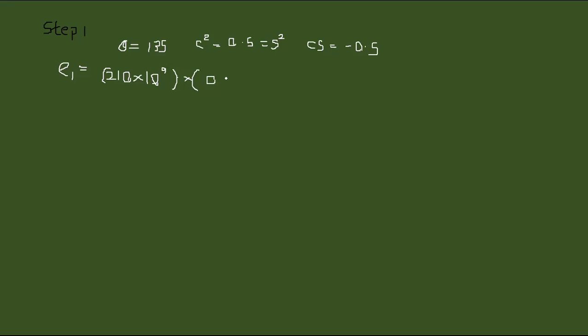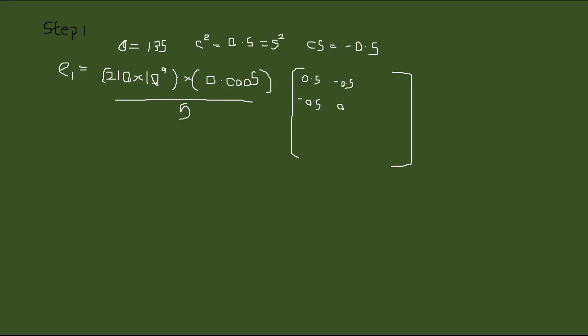Like 0.0005 over L. L is 5. And then the matrix: 0.5, minus 0.5, minus 0.5, 0.5.